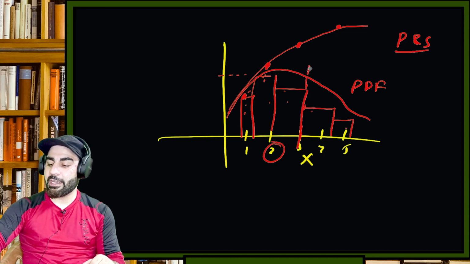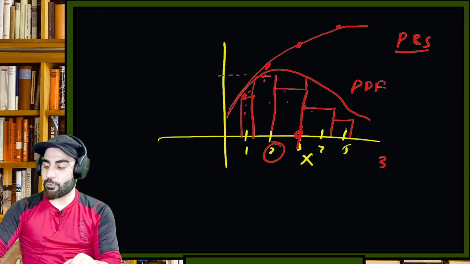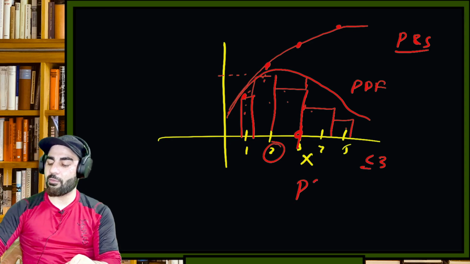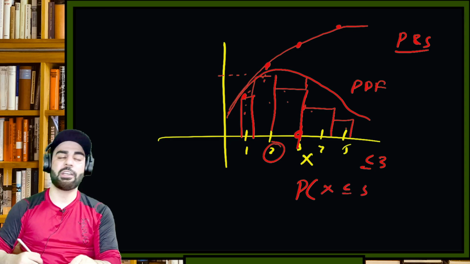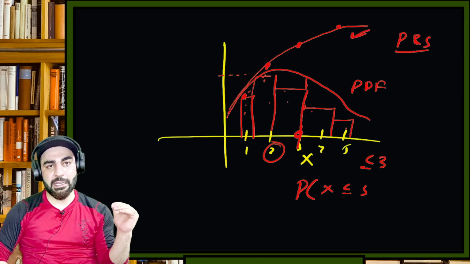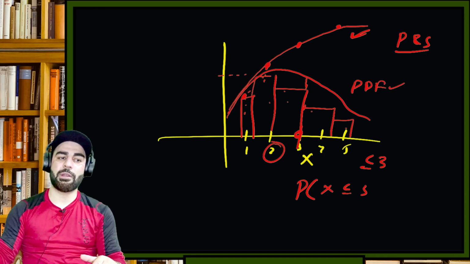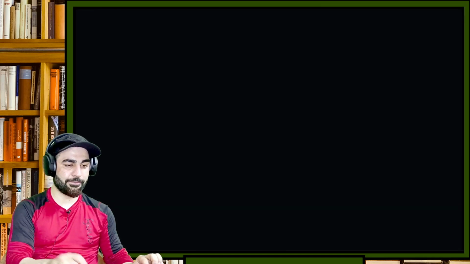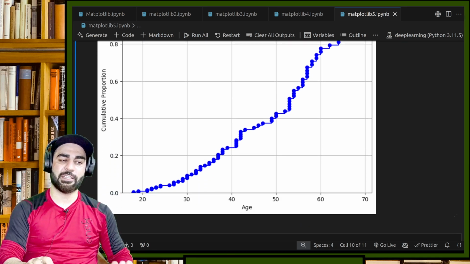If I say in terms of CDF, at 0.3, it is not just 0.3, it will say less than or equal to 0.3. Okay, what is, let's suppose, the chance, or what is the frequency, that x will take a value less than or equal to 3. So you will have to naturally add these things together. That's why you will see the CDF is an ever increasing function. It keeps on increasing. Okay, and you see this PDF, it shows you the probability density, and that's why here we showed the function that was the empirical cumulative distribution, which is a continuously increasing function.